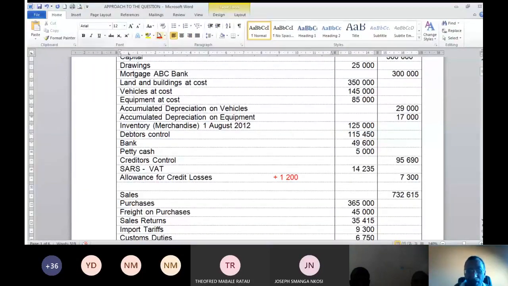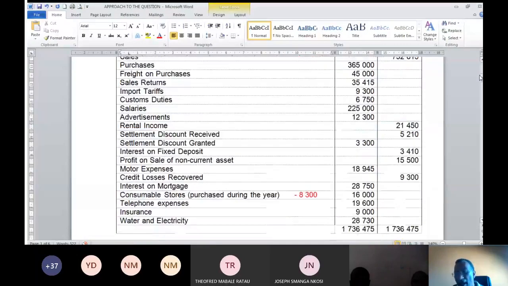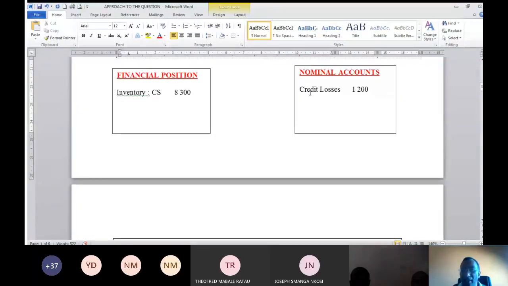However, we have now got information that we must write off 1,500 rand of our trade receivables. So your trade receivables must decrease by 1,500. And the other account involved here is credit losses.